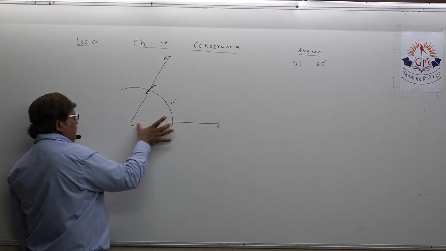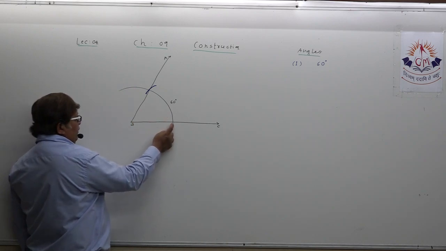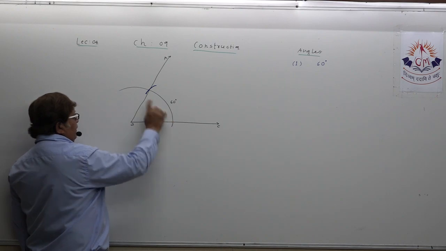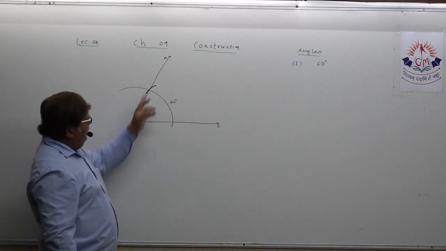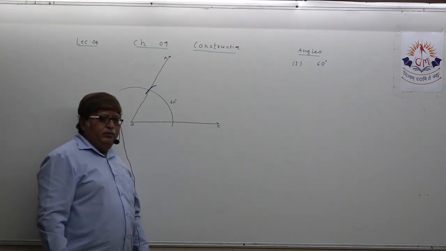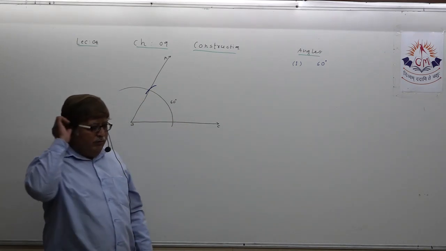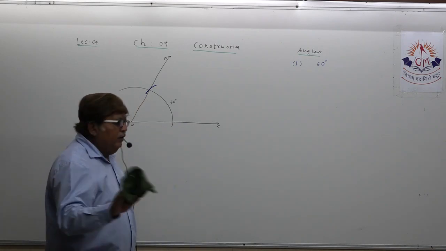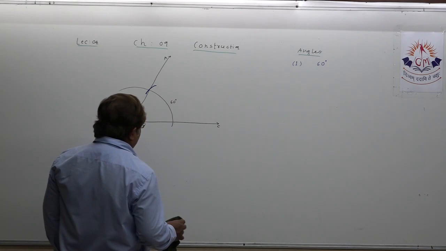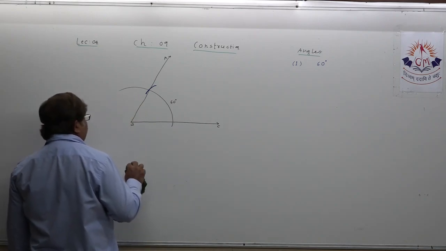Then keeping the same radius, center your compass here and cut the previous arc, and you just join it. This angle ABC is 60 degrees. You can also measure it with a protractor. You will get the same angle. Understand? So this is clear, the angle of 60 degrees.